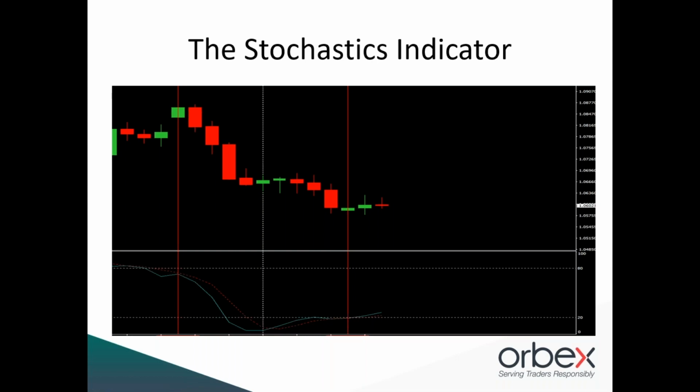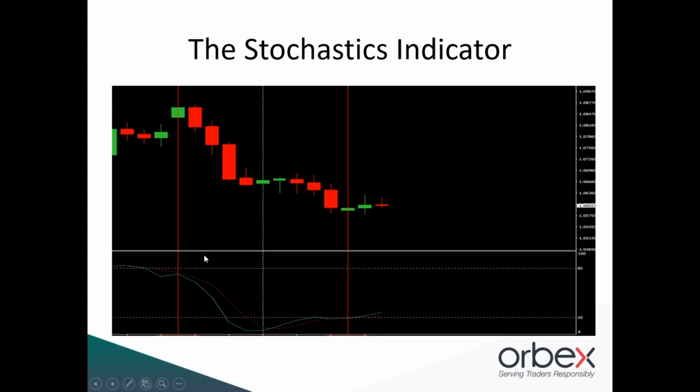So if we're trading on the lower time frames, the intraday time frames, and we're looking to use the daily time frame to get a bigger idea of price direction, what we do is we simply pull up our euro dollar chart, look at it on the daily time frame, apply our stochastics indicator, and say, what is the stochastics indicator telling us about price action?